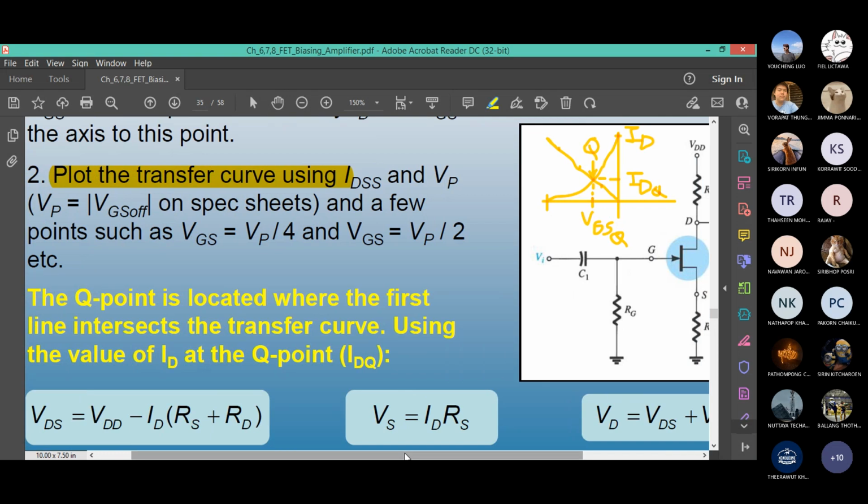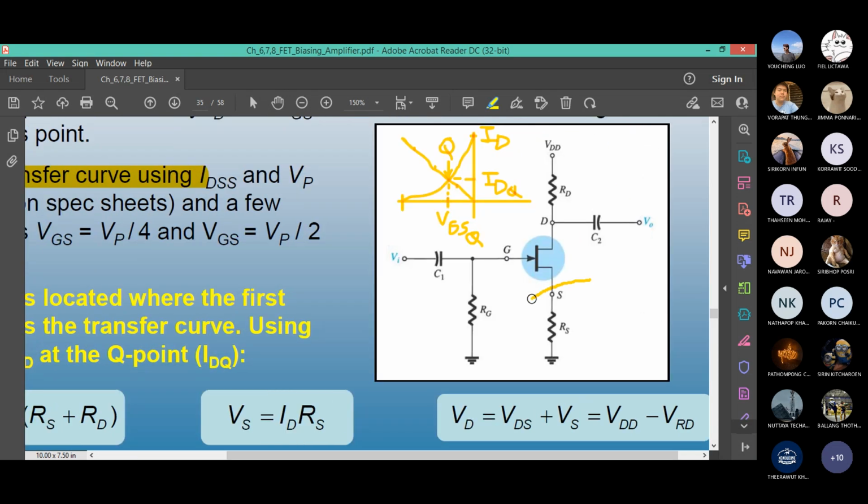What is VS? VS is from this to this. It is ID RS, simple Ohm's law. What is VD? You can say VDS plus VS because VDS means VD minus VS. So if you found VDS, add VS, you can find VD right here.